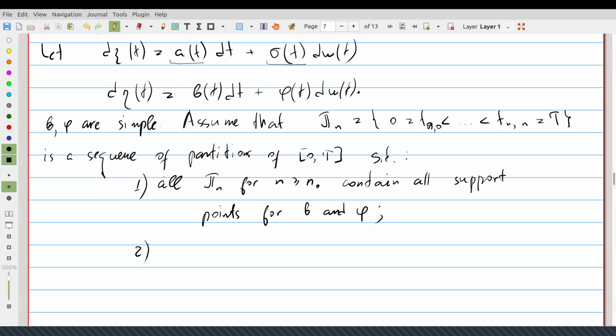And secondly, obviously what we want from our partitions, we want that the diameter of our partition goes to 0 as n goes to infinity.